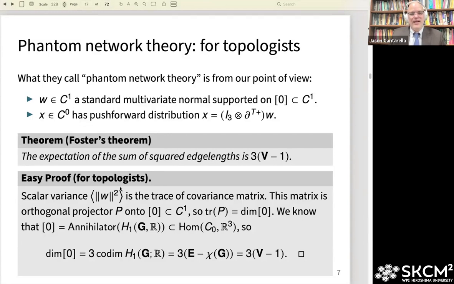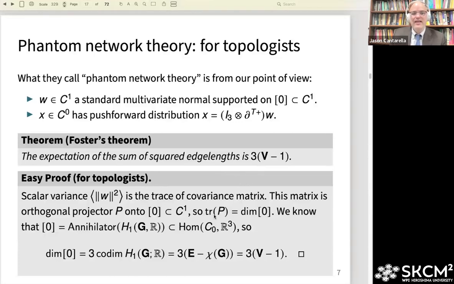The sum of squared edge lengths is the total norm of the one cochain, but that's the trace of its covariance matrix. The one cochains are a normal that's supported on some subspace of the vector space. And that standard normal's covariance matrix is just the orthogonal projection onto that subspace. The trace of a projector is the dimension of the space it projects onto.